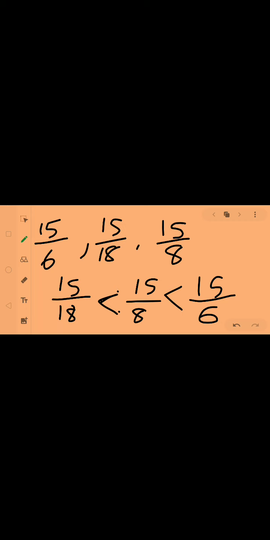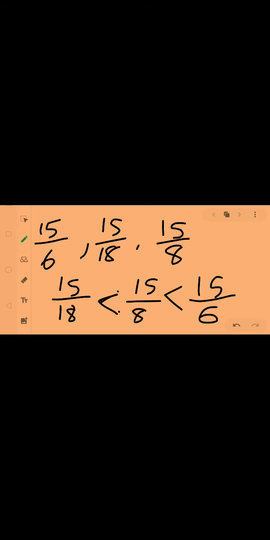So at last we have 15 upon 18 less than 15 upon 8 less than 15 upon 6. I hope everyone understood how to compare unlike fractions with the same numerators.